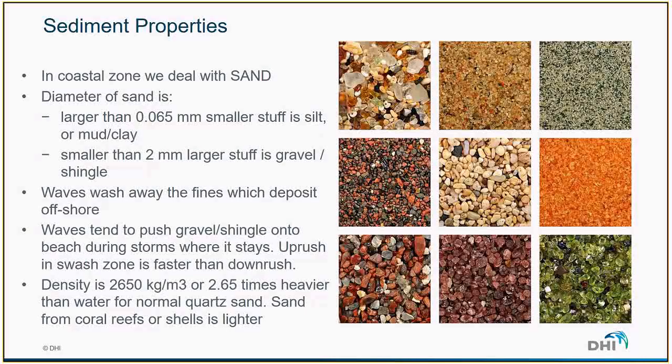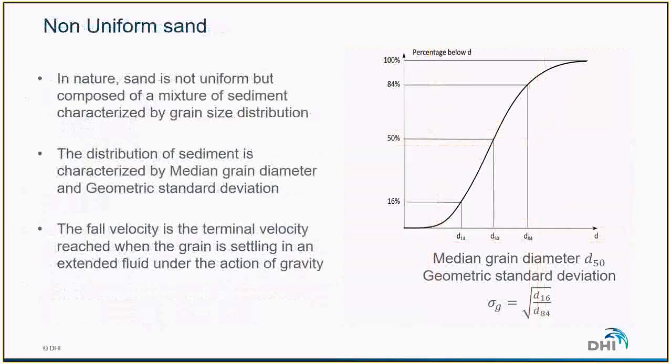And waves also have an impact on the larger sediments such as gravel and shingle, which can be pushed onto the beach during storms. As we can see on the illustration, the sand can have different aspects, and that's why we very often have to deal with a non-uniform sand.